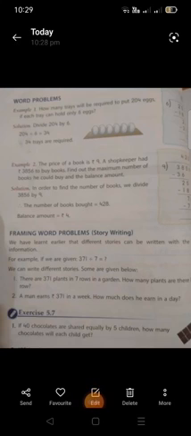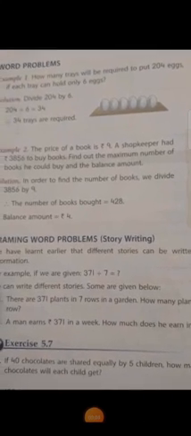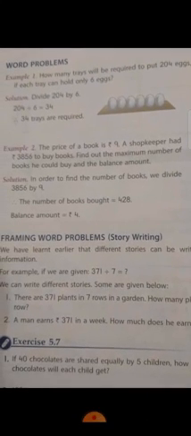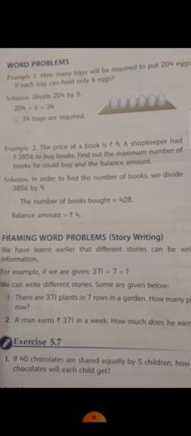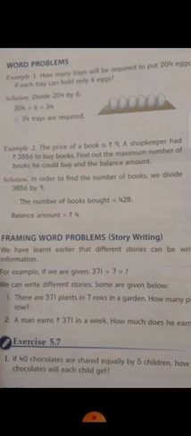Now after that we will start our word problems based on division. Okay. So, children, complete it first. Now, children, in our next video we will see these word problems. We will learn how to make word problems, how to frame word problems. That is only like storytelling. If a number is given, we have to create a story on that.